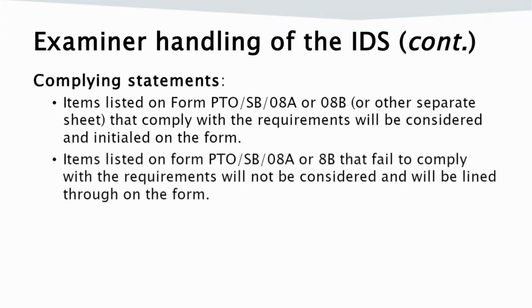As an alternative, examiners will no longer initial each reference citation considered, but will continue to strike through each citation not considered. Each page of reference citations will be stamped by the examiner with the phrase, "All references considered except where lined through," along with the examiner's electronic initials, and the final page of reference citations will include the examiner's electronic signature.